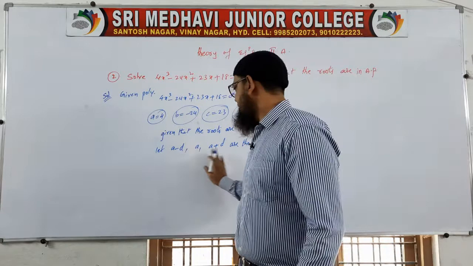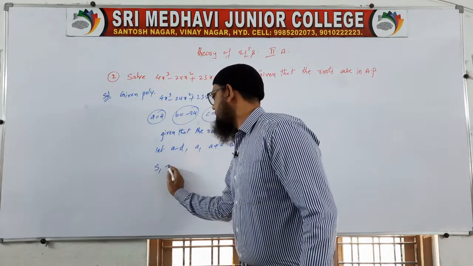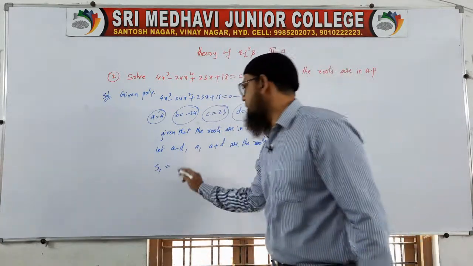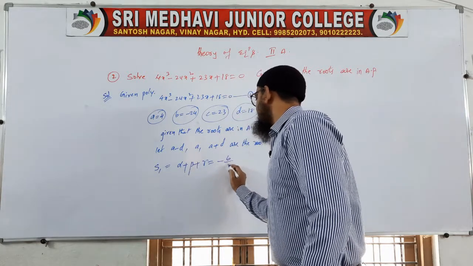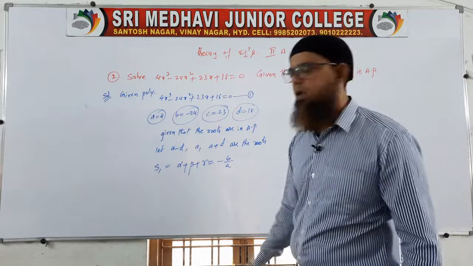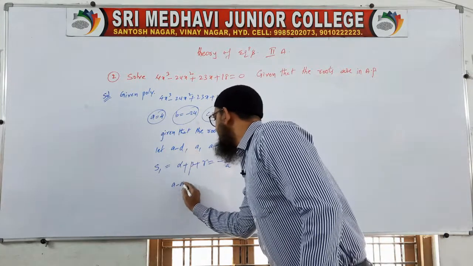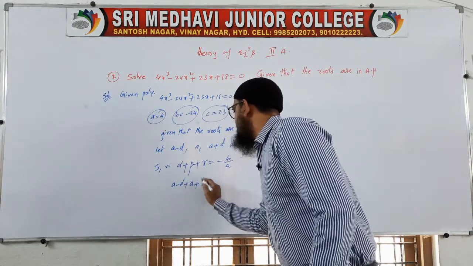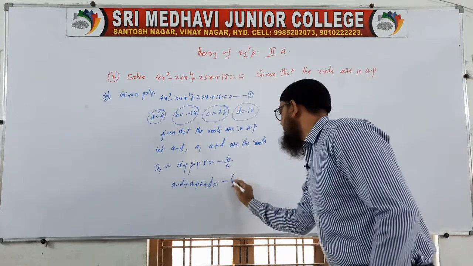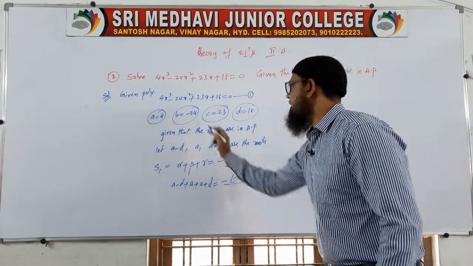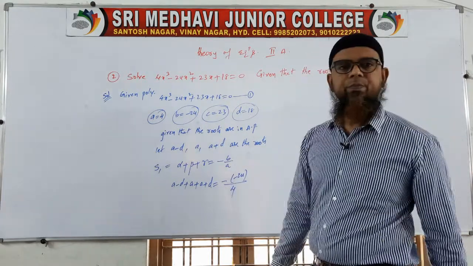After taking these three roots, we have to apply S1 formula. What is S1 formula? Alpha plus beta plus gamma is equal to minus B by A. What is alpha? a minus d. What is beta? a. What is gamma? a plus d. What is the value of B? Check it here. That is minus 24. A value is what? 4.